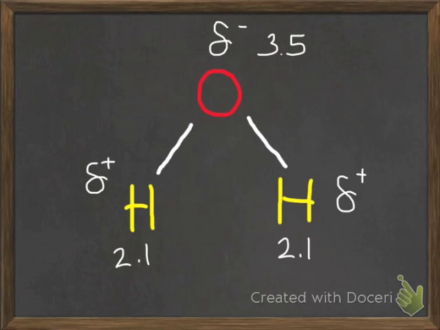Oxygen is pulling on those electrons that are shared between each hydrogen, causing it to have a partial negative charge. We draw this by drawing arrows towards that oxygen, showing that the polarity of that molecule is towards the oxygen. There's a higher electron density towards that oxygen atom.